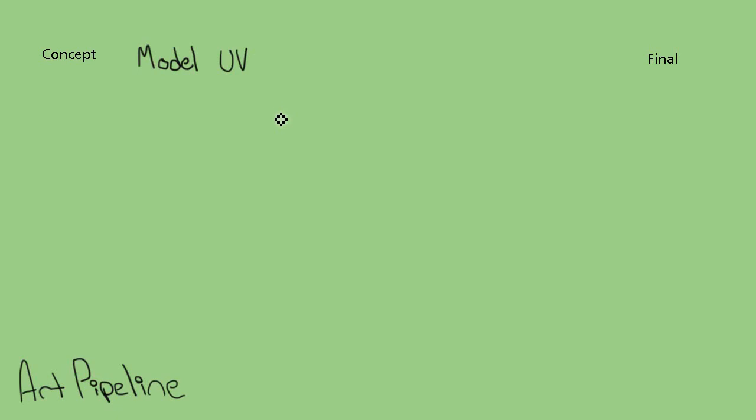But what are the other areas? Well, we've talked about texturing, which we're going to do after UV. And I'm going to do a rigging video, so that must be in there somewhere.